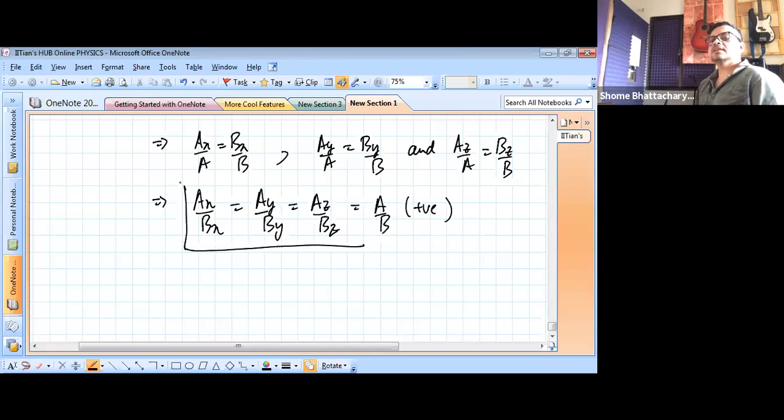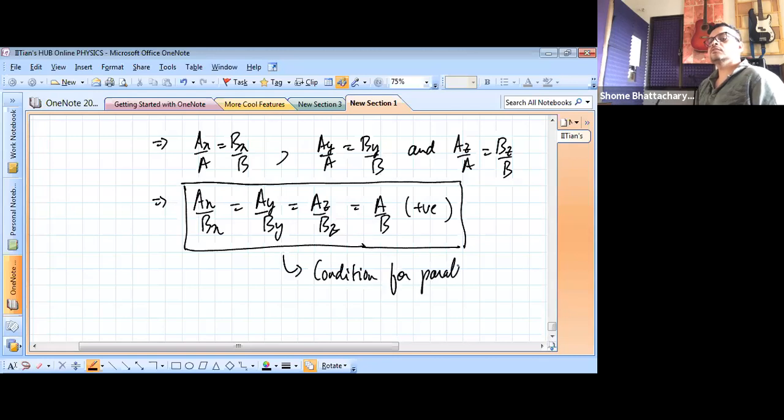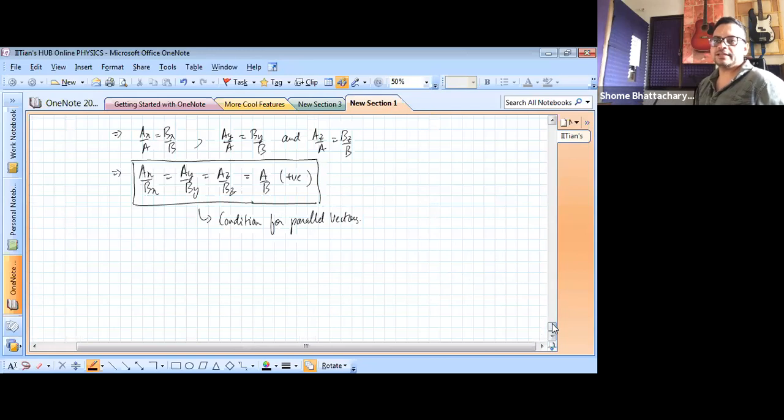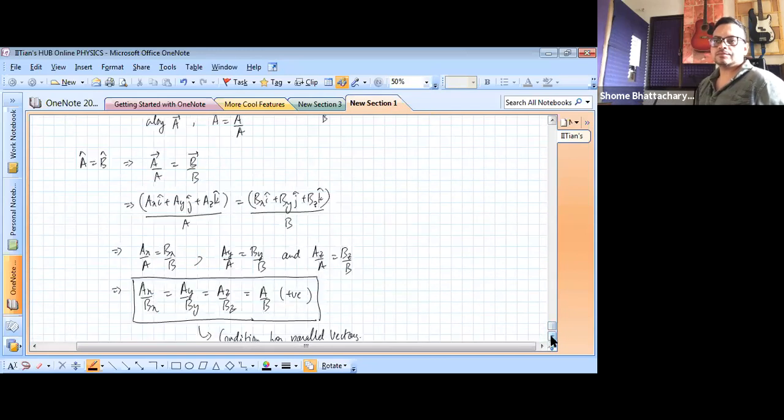This becomes the condition for parallel vectors: Ax upon Bx should be equal to Ay upon By, should be equal to Az upon Bz, and that common ratio should be a positive quantity, not a negative quantity.